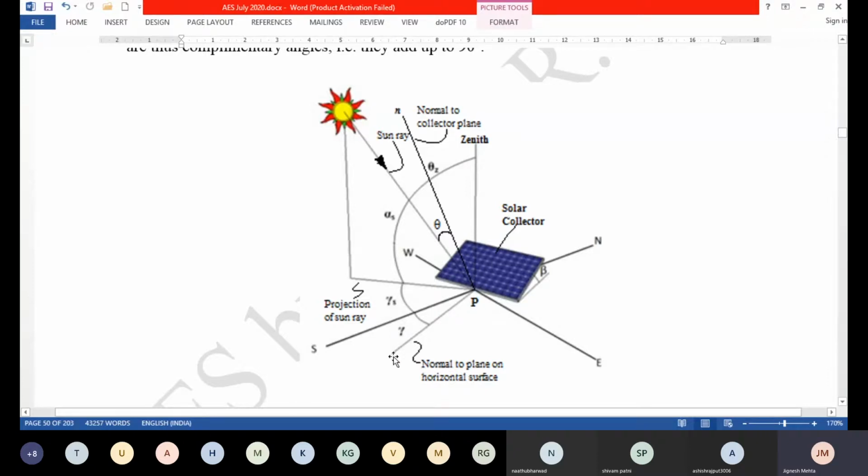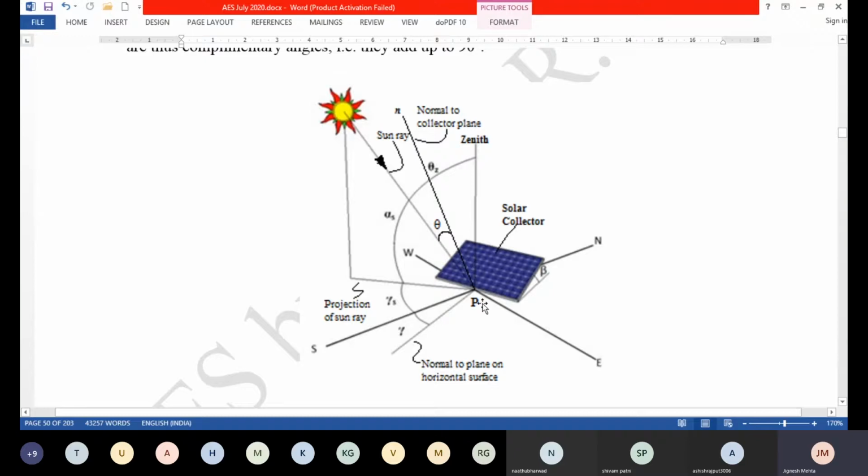So the perpendicular to the collector is not coinciding with the north-south line. So the angle made is gamma, which is called the surface azimuth angle, which is the angle between the normal to the plane with the north-south line. And it will be positive when you rotate the collector towards east, and it will be negative if you have rotated the collector towards west.